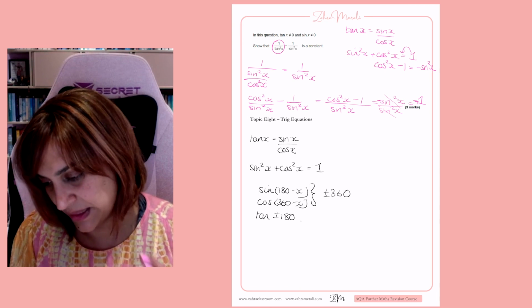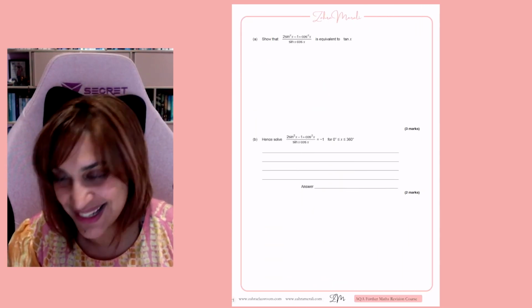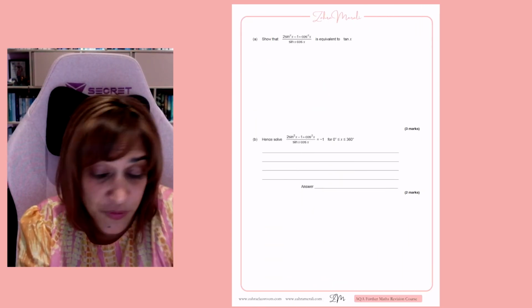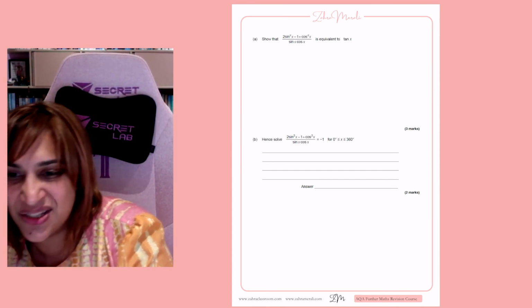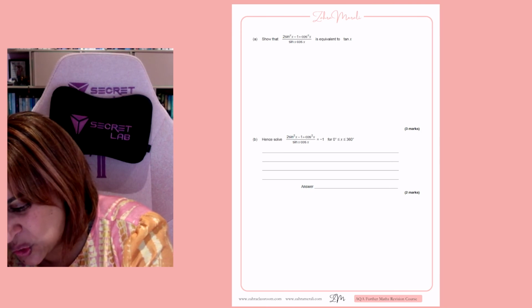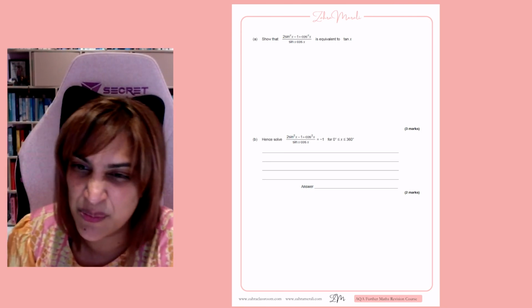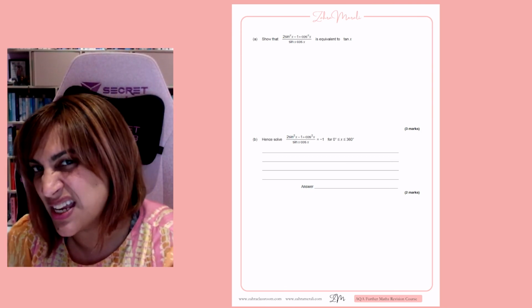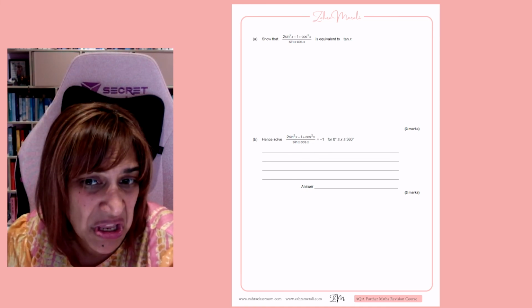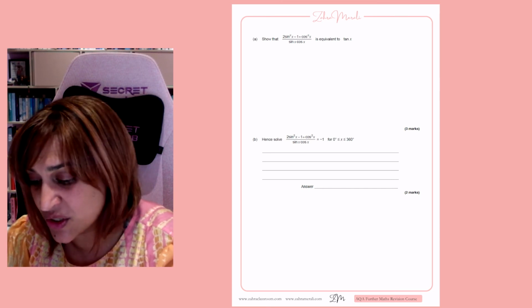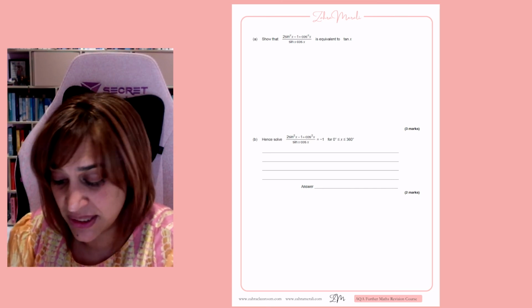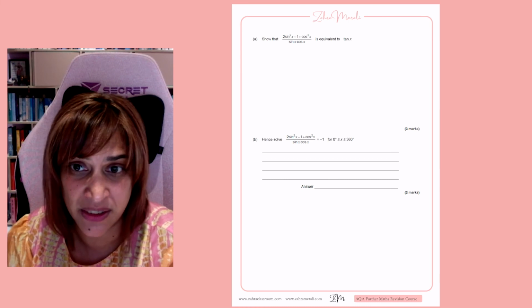Okay, so we want to show that. So this is another proofy one. We know our formulas, and we sort of go, I'm not really sure, but I kind of want to get rid of the minus 1. So sine squared, but there's a few ways you could do it. You could either change the cos squared into 1 minus sine squared, or the sine squared into 1 minus cos squared.